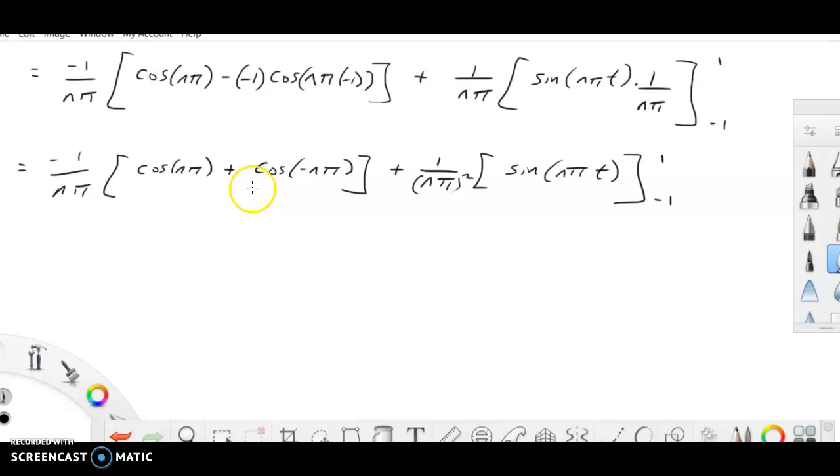Now, if we look at page 13 on the logbook, you'll see that there's a rule there that says cos of minus a equals cos a. So we can get rid of this minus effectively.